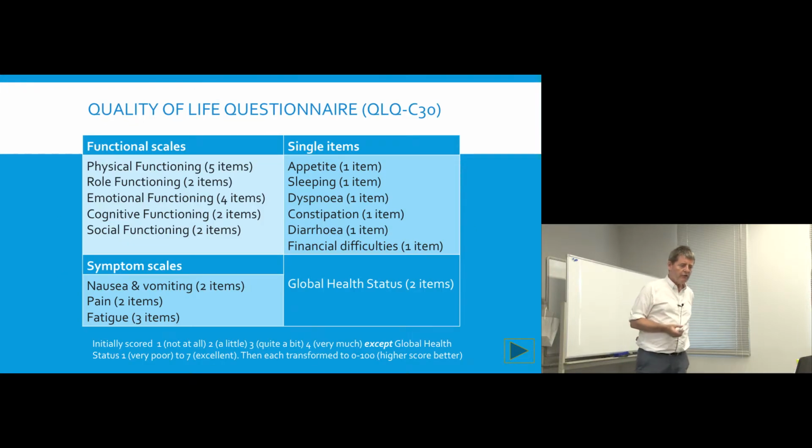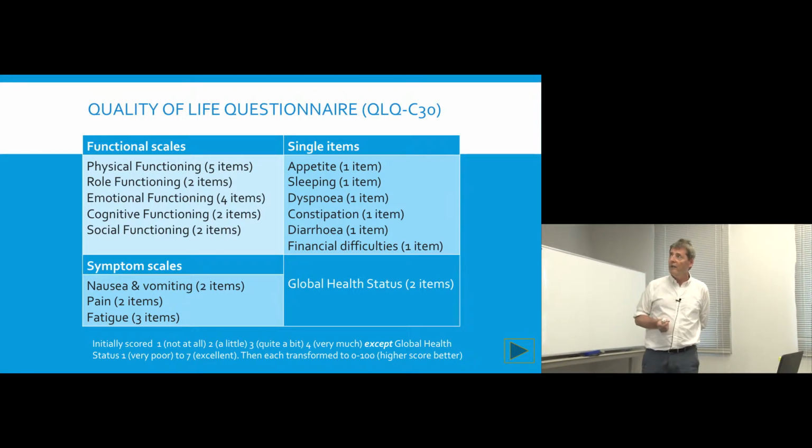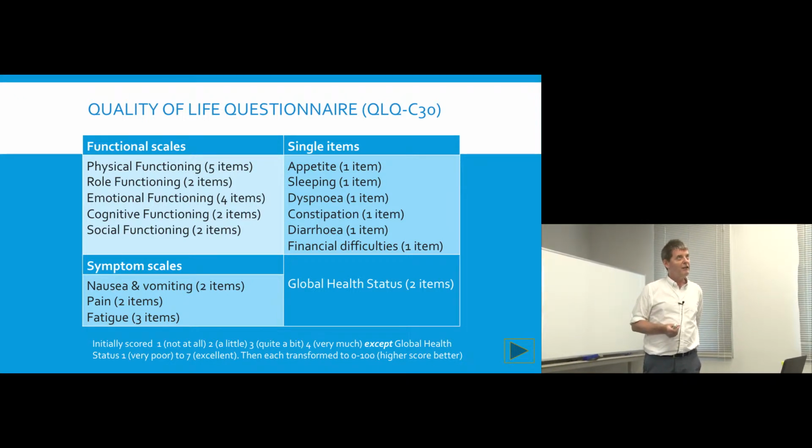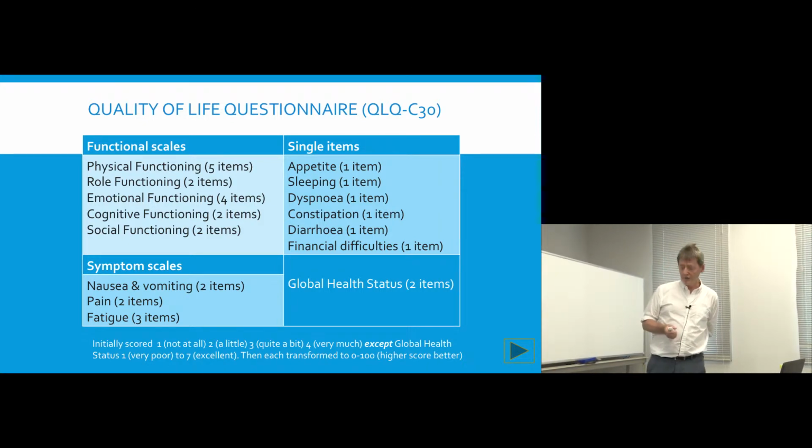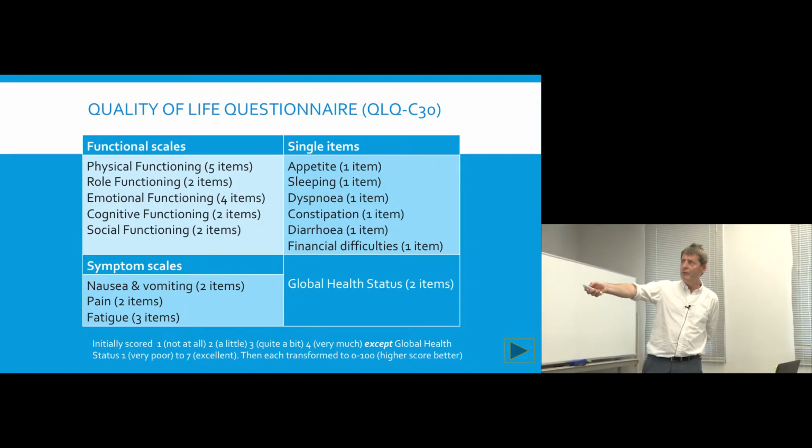The QLQ-C30, some of you may have come across, is very widely used in cancer studies. And the C30 refers to C for core and 30 items. So there's a grouping of items or questions for physical functioning, role functioning, emotional functioning, cognitive functioning, social functioning. There's some symptom-specific items, nausea, vomiting, pain, fatigue, and then there's some single items.